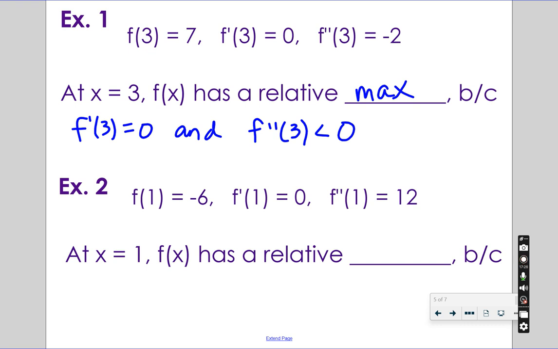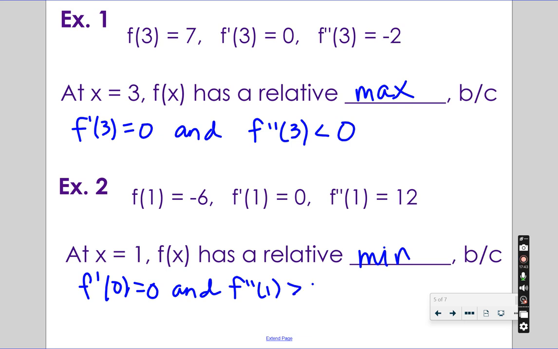This means it's concave up, so that's a relative min. And I would say because f prime of 1 equals 0 and f double prime of 1 is greater than 0. All right, and that is it for your notes for today.